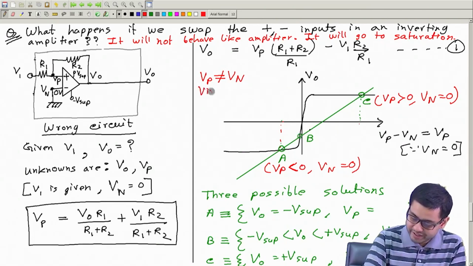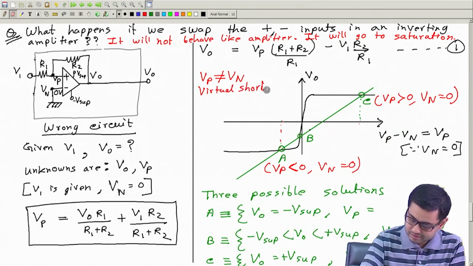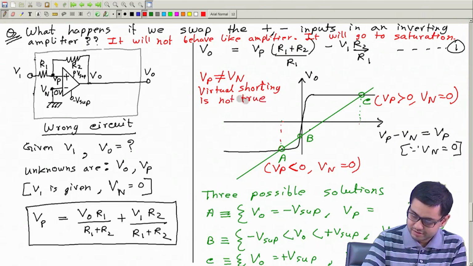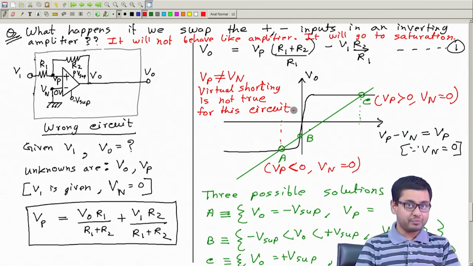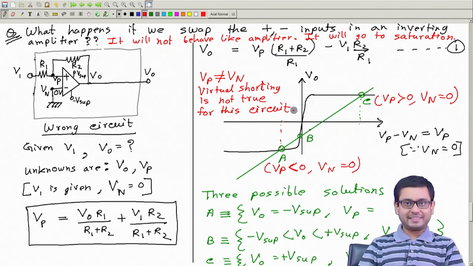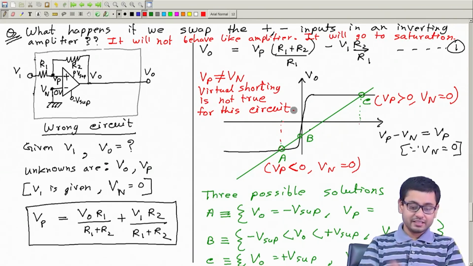So virtual short is not true for this circuit. That's why I said virtual short is not a property of op amp in general. It is a property of some special circuits, not of all circuits.